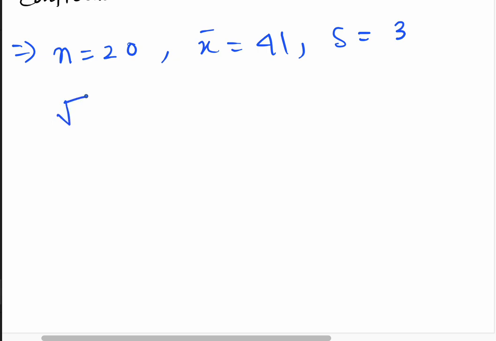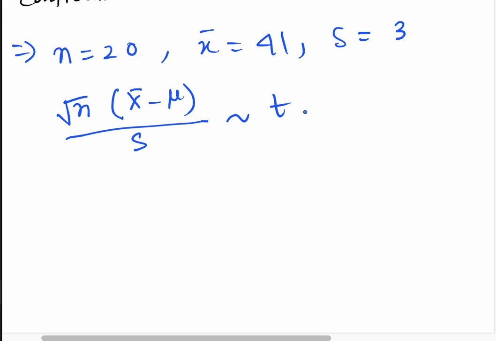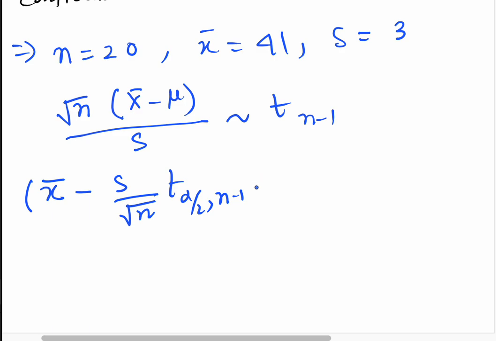We know that root n times x bar minus mu by s follows a t distribution with degrees of freedom n minus 1. From here we get that the range will be x bar minus s by root n t alpha by 2 comma n minus 1 to x bar plus s by root n t alpha by 2 comma n minus 1.